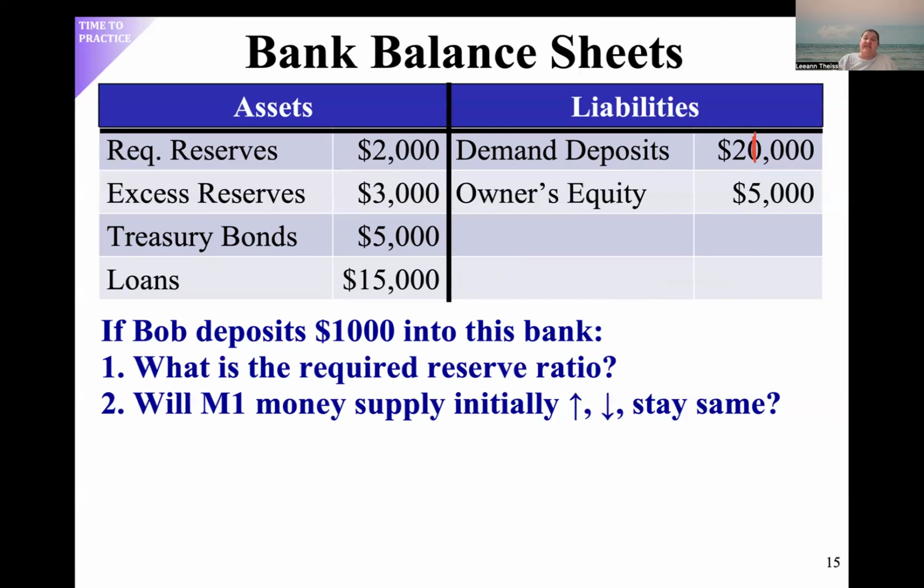Now, if you haven't done your packet yet, you don't know what M1 money is when it comes to the money supply. So I'm going to give you a little definition. M1 money is all money in circulation, not just cash, dollar bills, but any money that you have in cash in your wallet, but it also is all money in checking accounts.